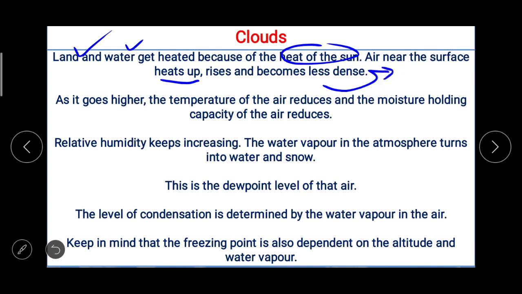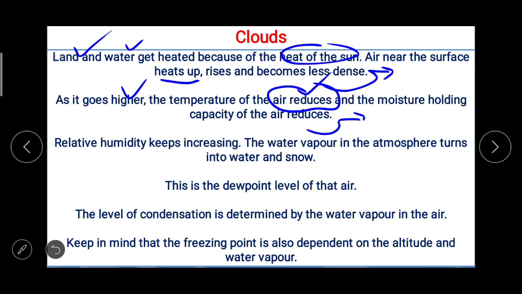As it goes higher, जैसे ये हवा ऊपर ऊपर जाती है, the temperature of the air reduces. जो कि लैंड और वाटर की वजह से टेम्परेचर बढ़ जाता है, क्योंकि सूरज की हीट से लैंड एंड वाटर की हीट बढ़ जाती है, उसकी वजह से वहाँ पर जो एयर है उसका टेम्परेचर या हीट बढ़ जाती है. लेकिन जैसे जैसे ये हवा ऊपर जाती है, its temperature reduces and the moisture holding capacity of the air reduces.